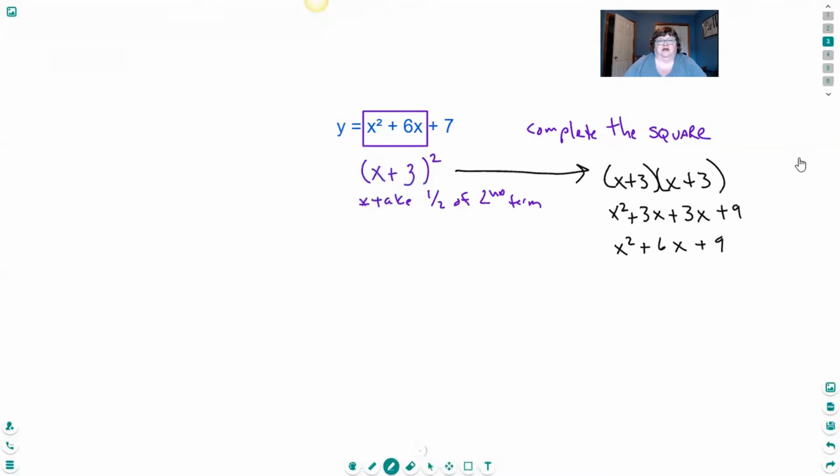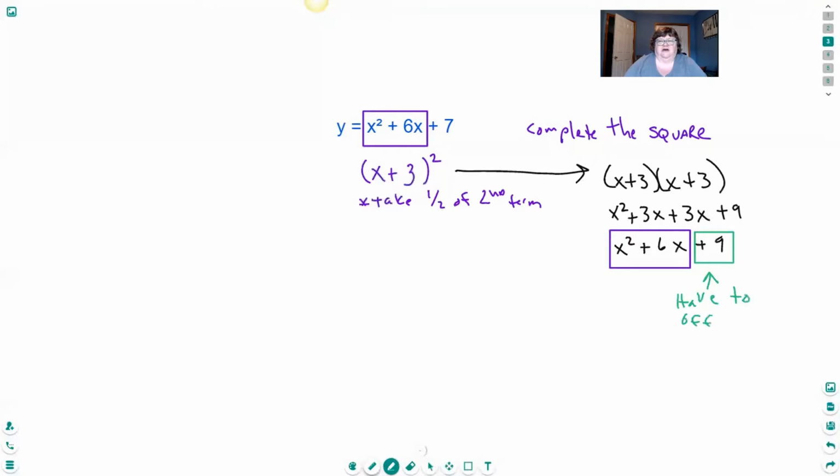So check it out now. You can see there that the part that I have in the box in the original is right here. And so the new stuff is this part on the end. And so this new stuff I have to offset.